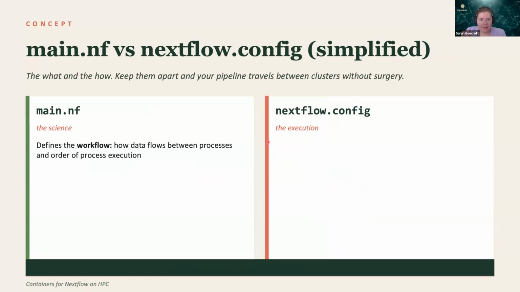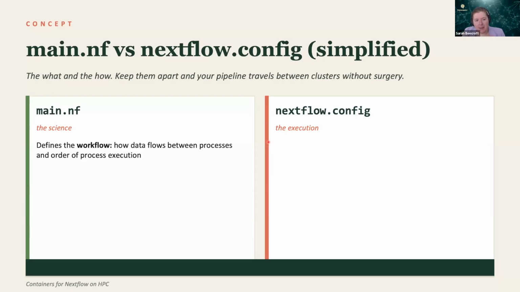At a very simplified level, you have two key files with Nextflow: the main.nf and the Nextflow config. The key concept is that you're separating the what, the workflow, the steps, the processes, from the how.